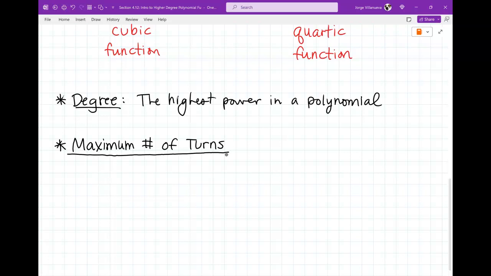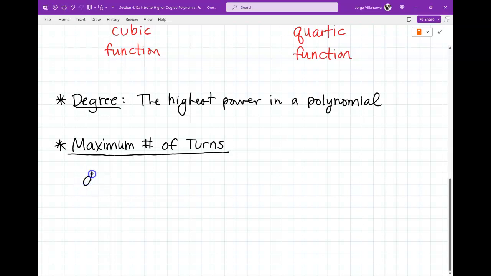Or maybe it just goes down, maybe it goes down then back up, okay? So there's a way that we can tell how many times a function can turn possibly. The most amount of times, the maximum number of times, okay? So the way you find the maximum number of turns of a polynomial is found like this.